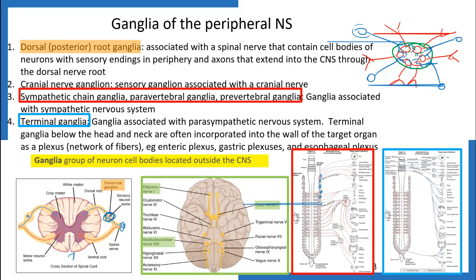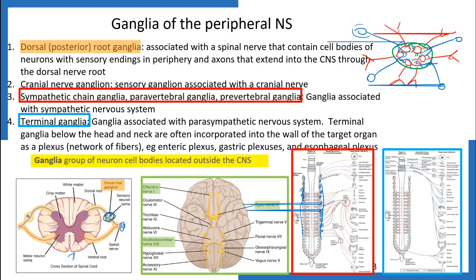They're called sympathetic because they're associated with the sympathetic nervous system, and they're called chain ganglia because as you look over here, they form a chain, right? So sympathetic chain ganglia are indicated here. And then you've also got other ganglia associated with the sympathetic nervous system, which are the paravertebral and the prevertebral ganglia. Again, we're going to look at these ganglia when we talk about the autonomic nervous system.